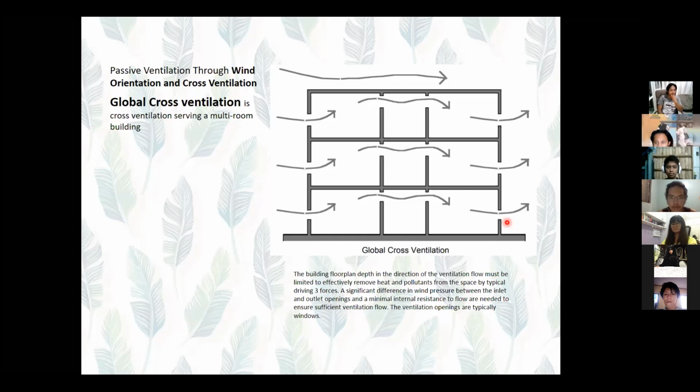Any more questions? If there's none, how about, sir, a low slanted ceiling where you can't put openings on all sides? Then you're really mechanically ventilated.